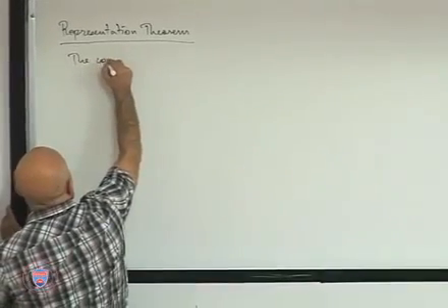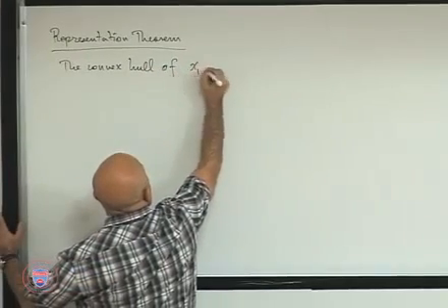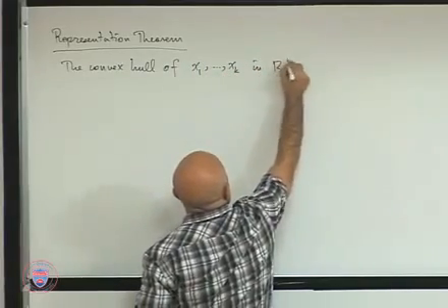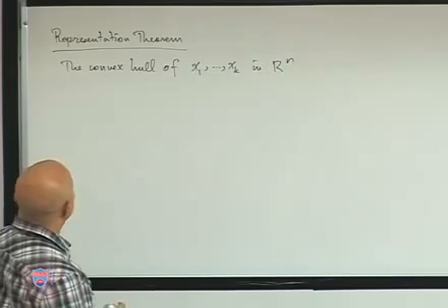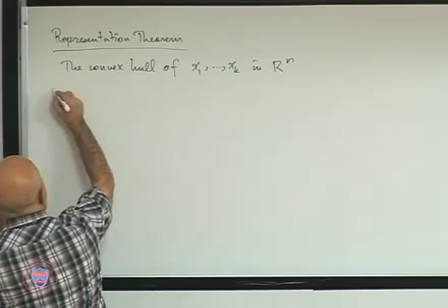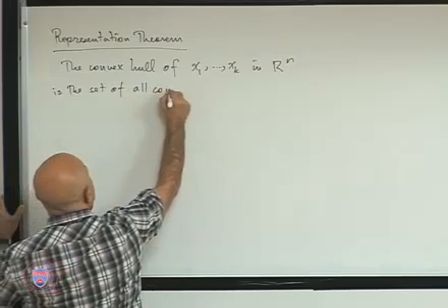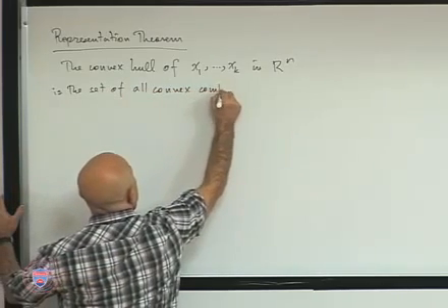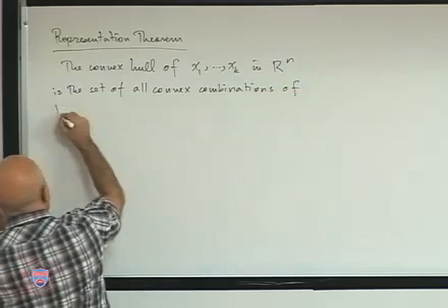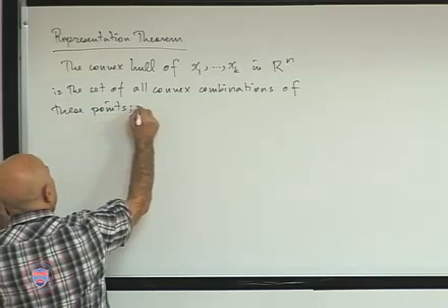The convex hull of a bunch of points, say x1 through xk, in Rn, all of these being n-dimensional vectors, is the set of all convex combinations of these points.